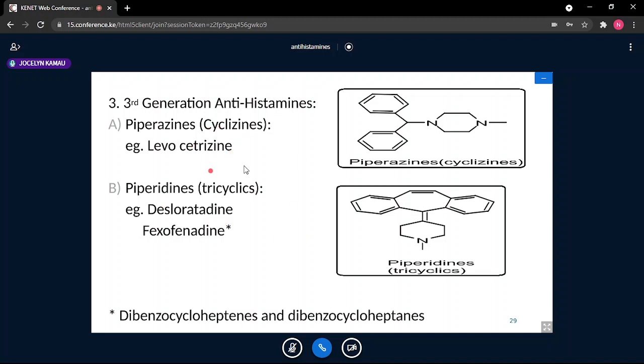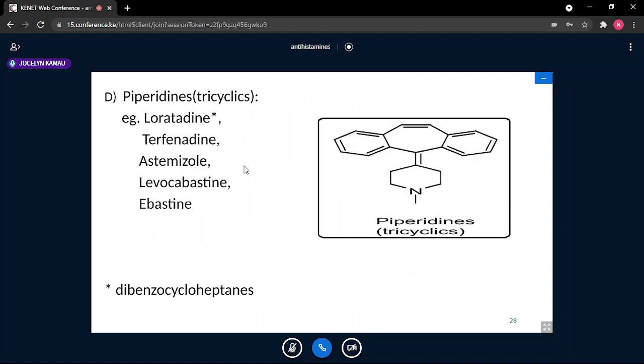Then you have the piperidines and you have desloratadine. Remember, we did mention loratadine as a second generation.